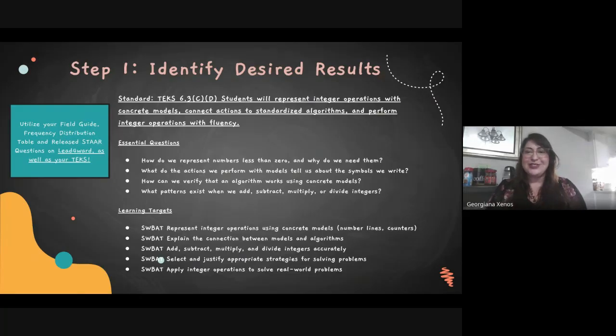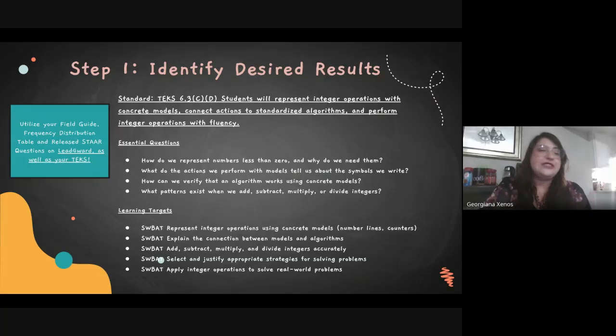Something that a lot of students often forget is, there's a built-up stigma of math being so difficult, but it's really just observing patterns. And so you'll notice all of my essential questions are not questions that are definitive. It's not what is -1 + 3, what is 3 times -5. It is focusing on the deeper meaning of the standard.